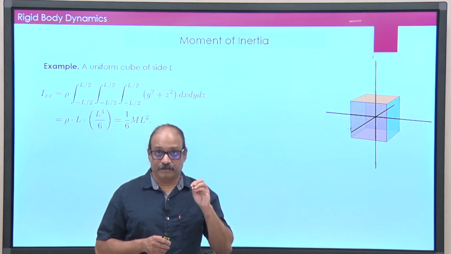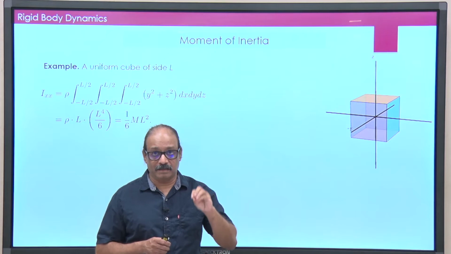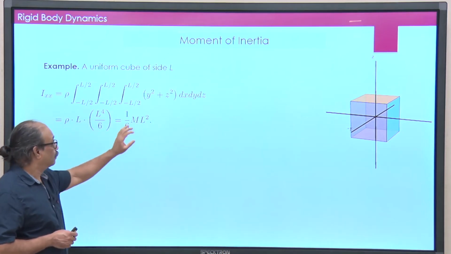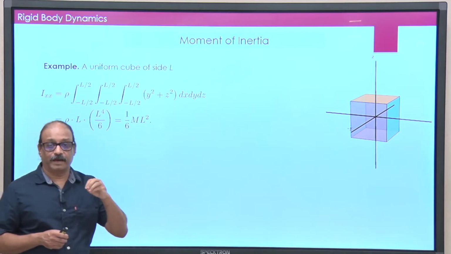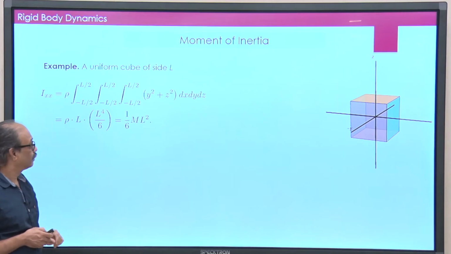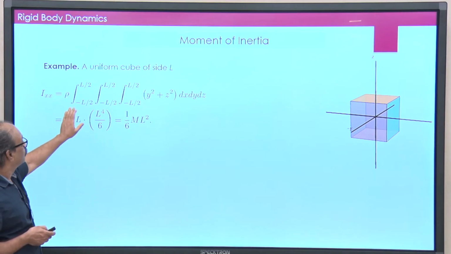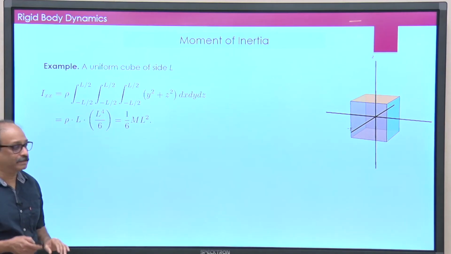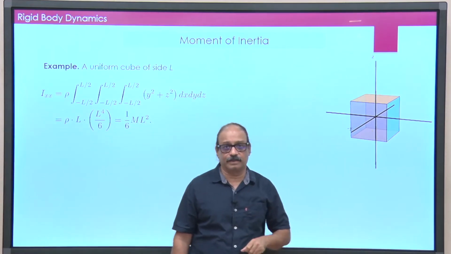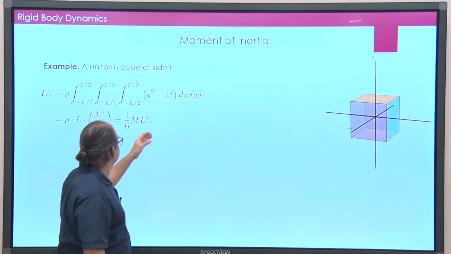Remember, for I_11 it is r square minus x_j x_k. So, it is r square minus x square, which is basically y square plus z square. Okay. Fine. So, all the integrations are from minus L by 2 to L by 2, because the origin is at the center of the cube, and you do these integrals.